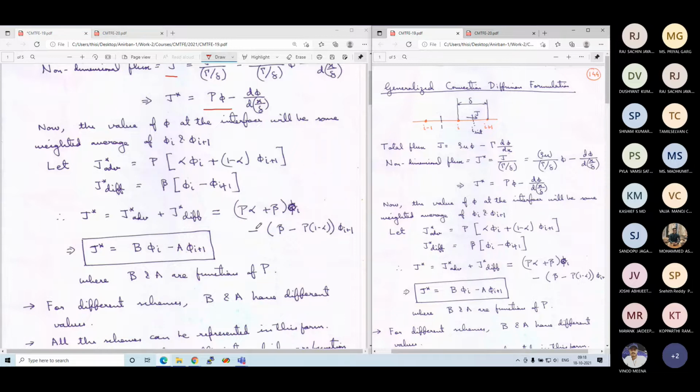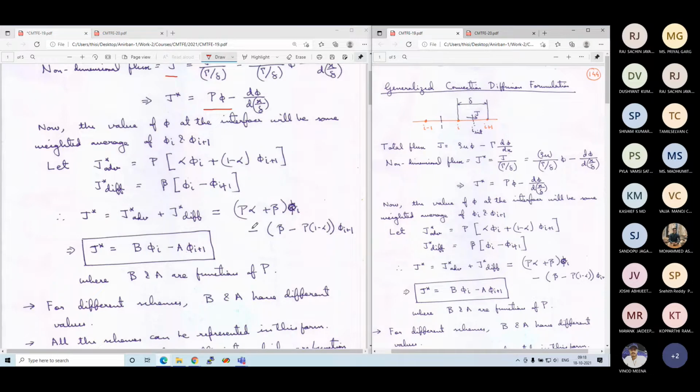So everything multiplied by phi I plus 1. So the coefficient for phi I plus 1 is minus beta minus P into 1 minus alpha, and the coefficient of phi I is P alpha plus beta. So this is the total flux in non-dimensional term.